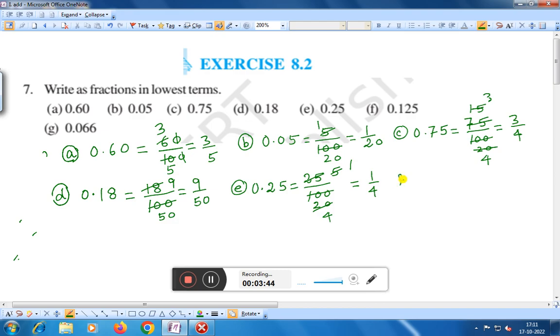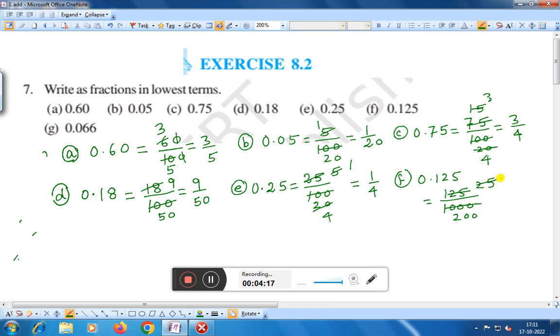And F is 0.125. It can be written as 125 by 1, 3 zeros, 1 2 3. If we divide the numbers by 5, we are getting 5 2s are 10, 0 0, then 5 2s are 10, 12, 5 5s are 25.